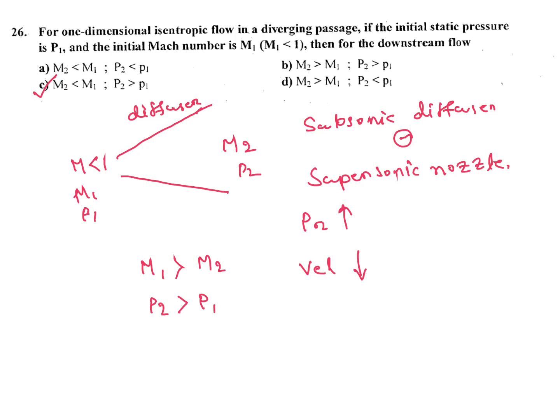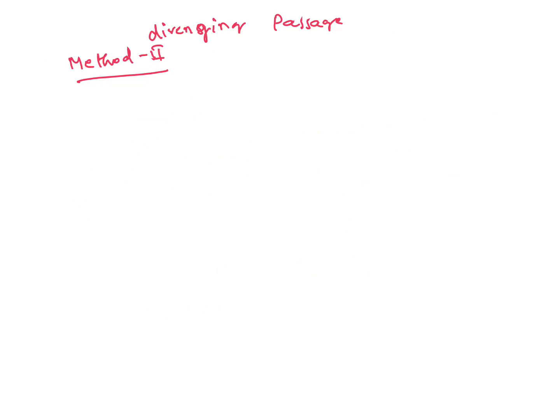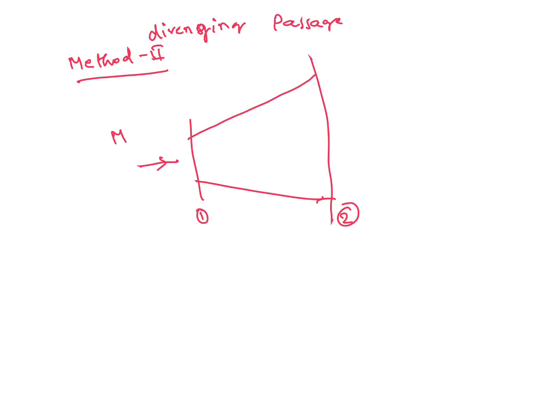Fluid is flowing like this. In this case, we can use another method for the diverging passage. Here inlet and outlet, M is less than 1. This is M1, M2, P1, P2. We can use the relation dA by A equal to dV by V into (M square minus 1).